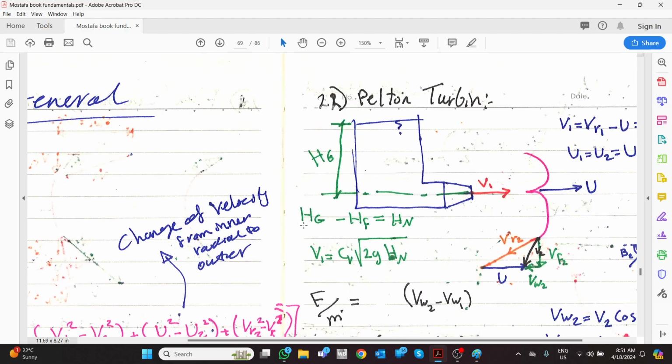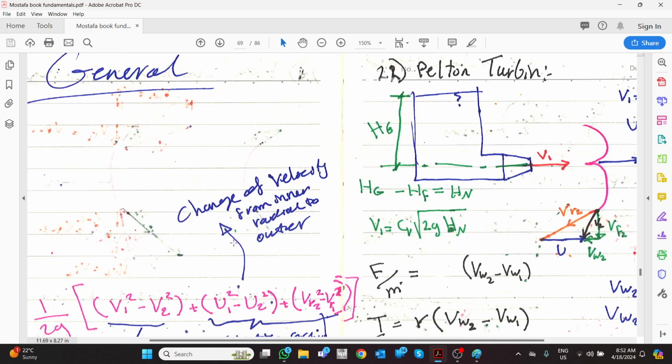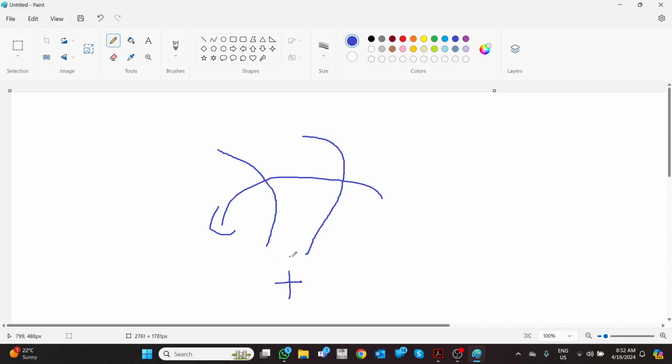See, u is a change in the velocity due to the radius of the impeller itself. For an example, if you have an impeller like this, and it is rotated in this direction, because you change the radius, the velocity is going to change, which is the u itself.